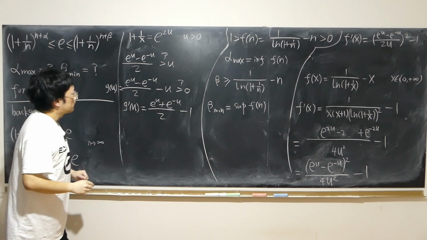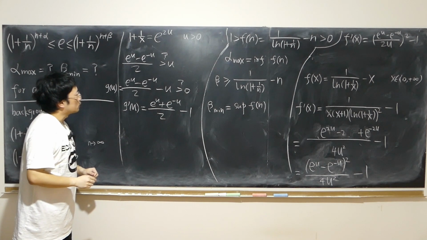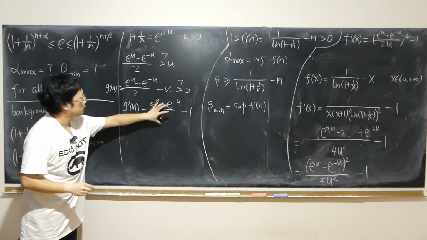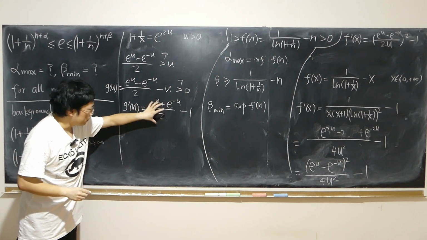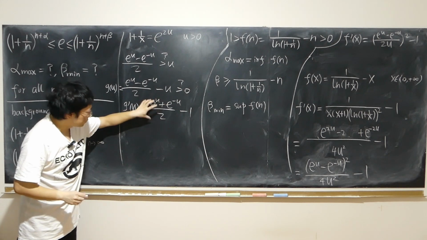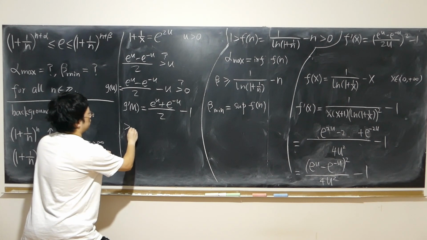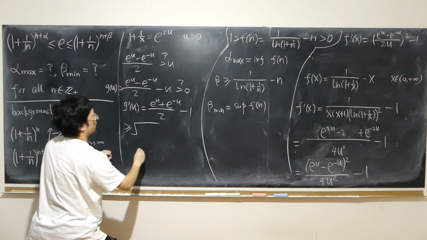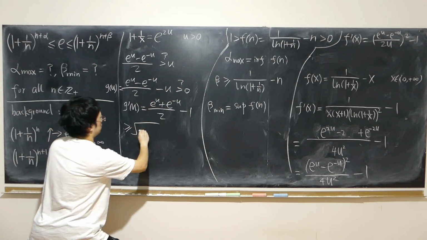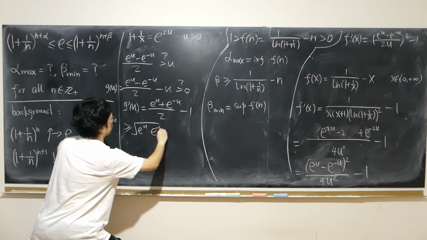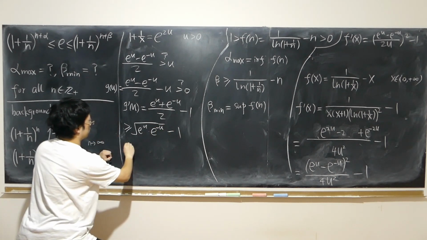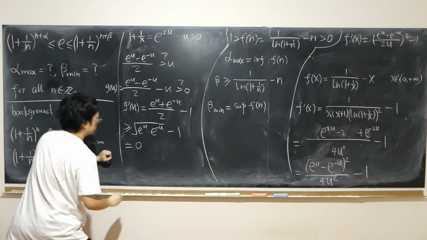Here I use the AM-GM inequality. Here's the arithmetic mean, so it's greater than or equal to its geometric mean. So this is e to the u times e to the negative u, minus 1, so that is equal to 0.